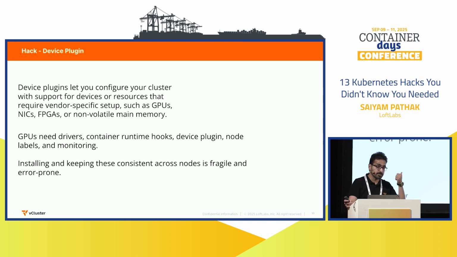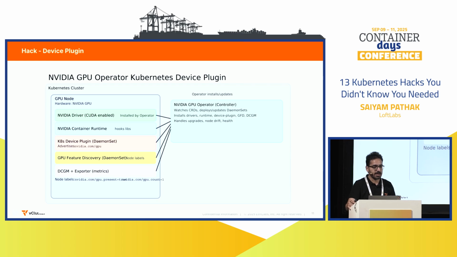You need the specific drivers, the NVIDIA drivers, to be installed. So although device plugins make it possible, it is a tedious task if you do it all on your own. This is where you have the NVIDIA GPU operator, for the GPU Kubernetes device plugin.